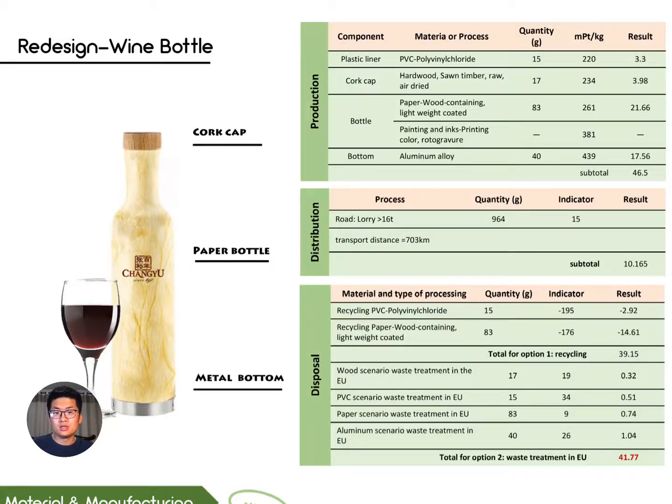Food-grade PVC film is used to separate the paper from the wine. This improvement reduces the environmental impact of producing glass bottles and also reduces the weight of the wine product with less shipping costs. The table on the right shows the environmental impact value of the redesigned product.